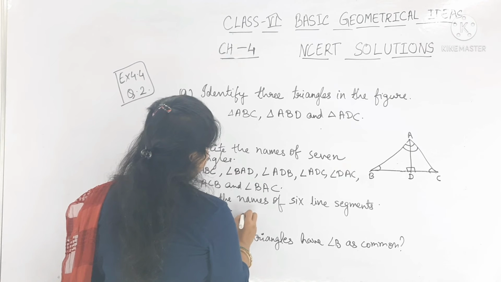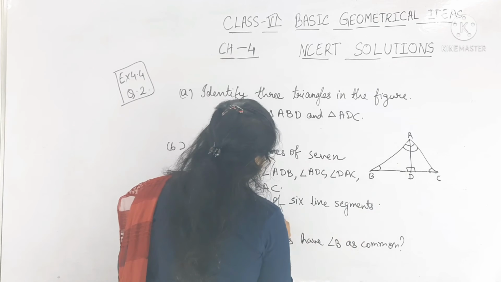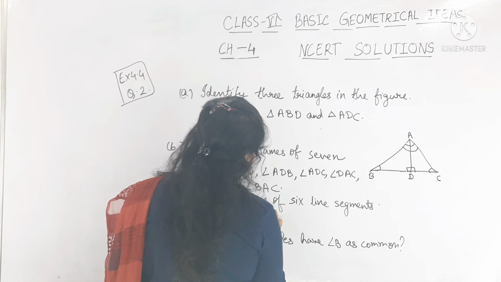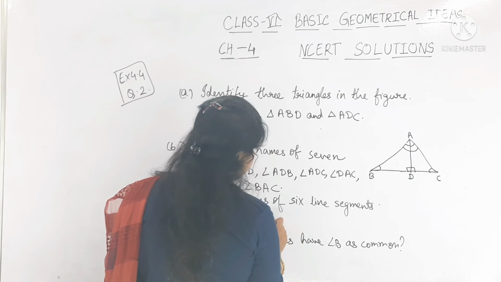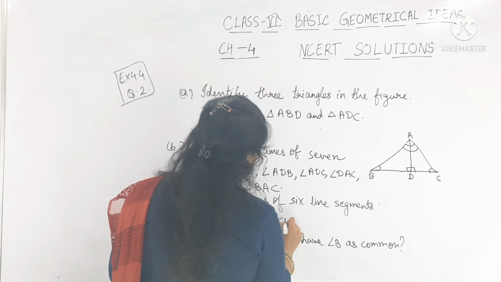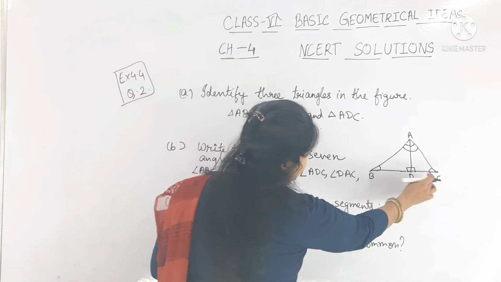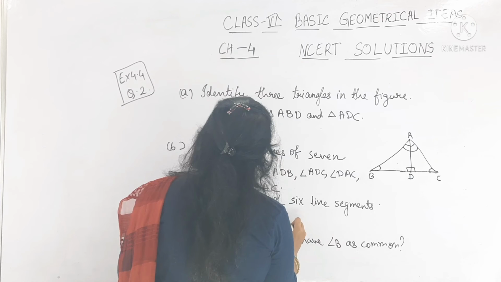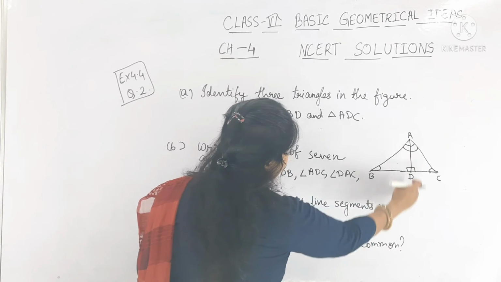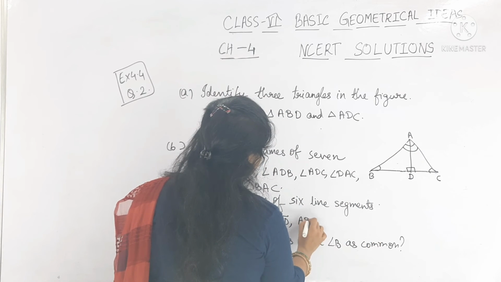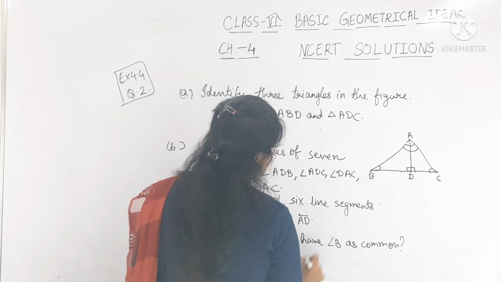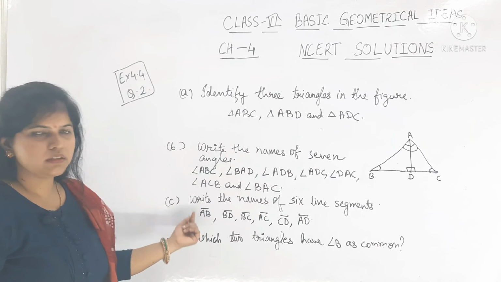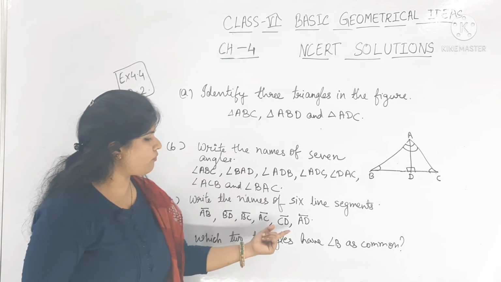BD, BC, AC, CD, this is CD, this is one line, and AD. So you can count it 1, 2, 3, 4, 5, 6.